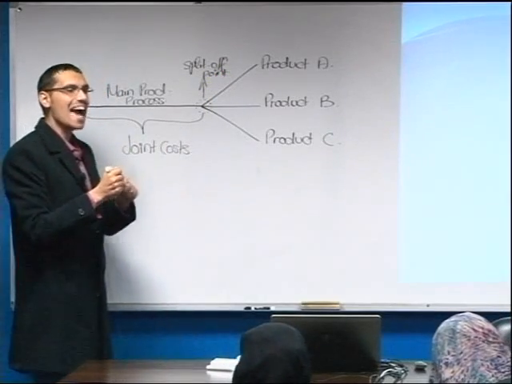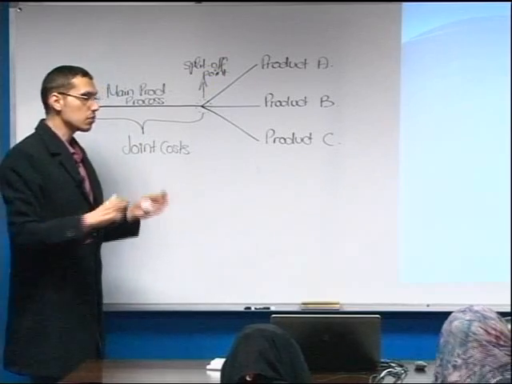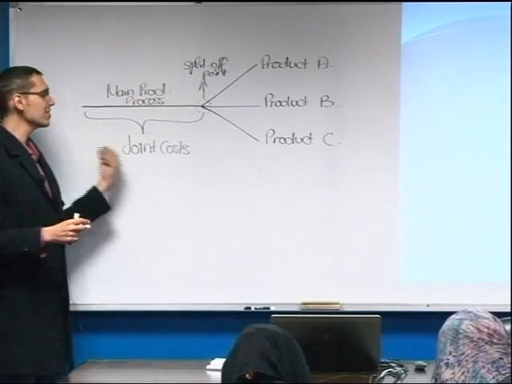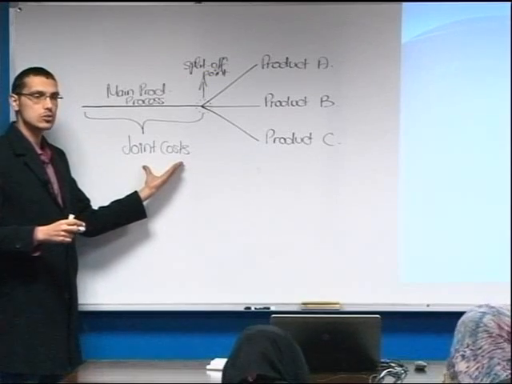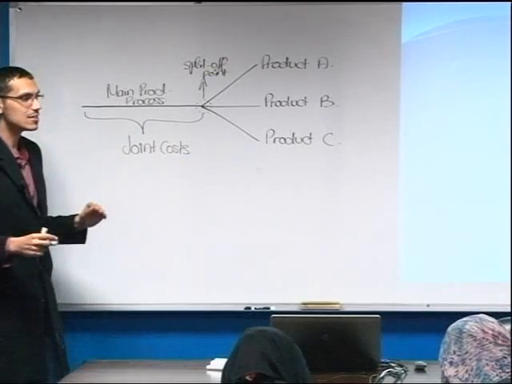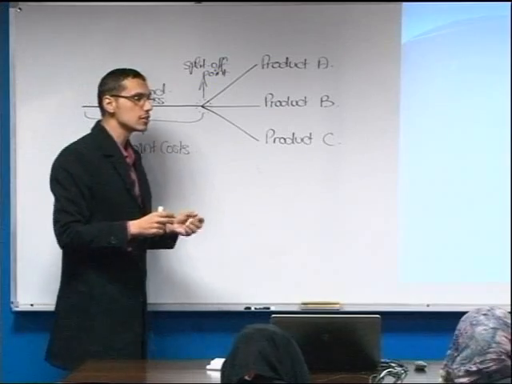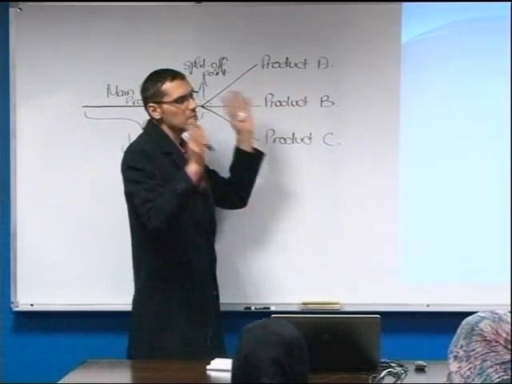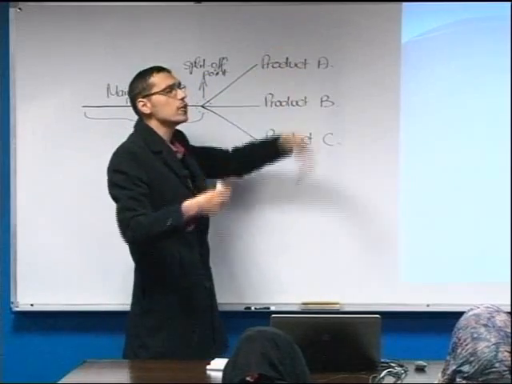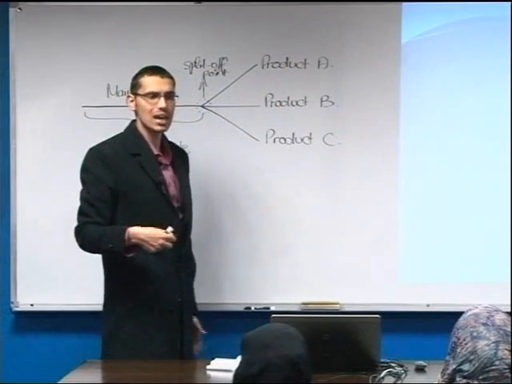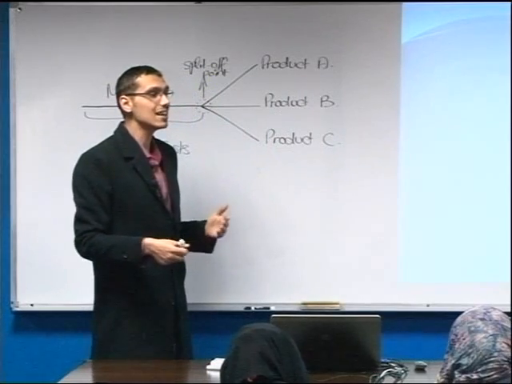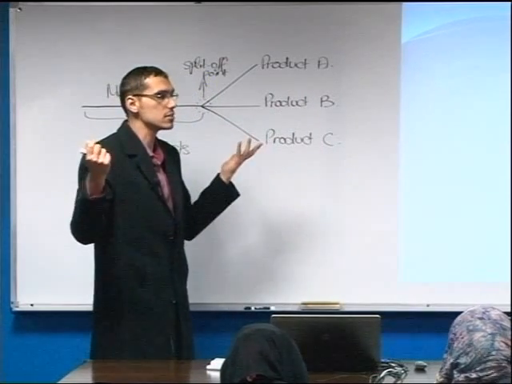Therefore, any costs incurred before the split-off point are called joint costs, while any cost incurred after the split-off point, maybe we need to process product A further in order to sell it, or to sell it at a higher price, for instance.